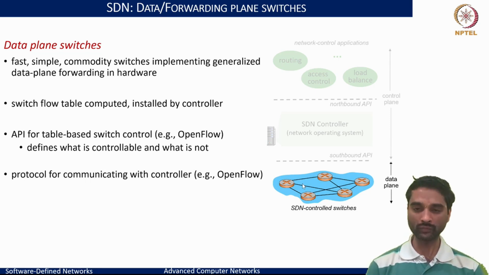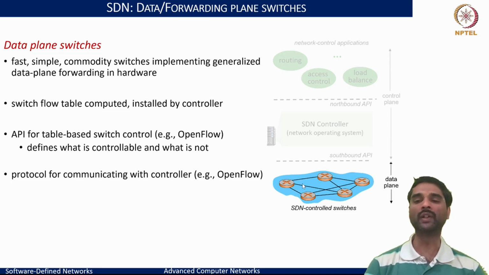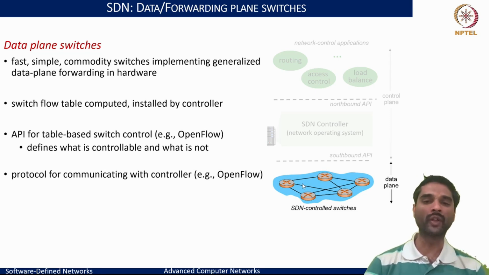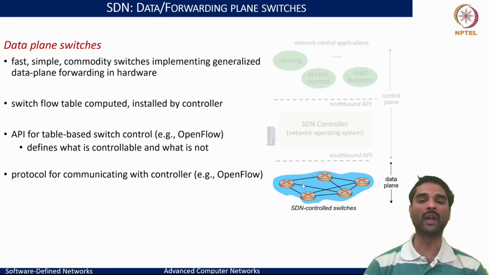And these flow tables would be computed by the SDN controller above, and it would then inject these flow rules into the tables of each of these network elements through the use of a southbound API, OpenFlow being one of them, but not necessarily just OpenFlow. It could be any other API as such.